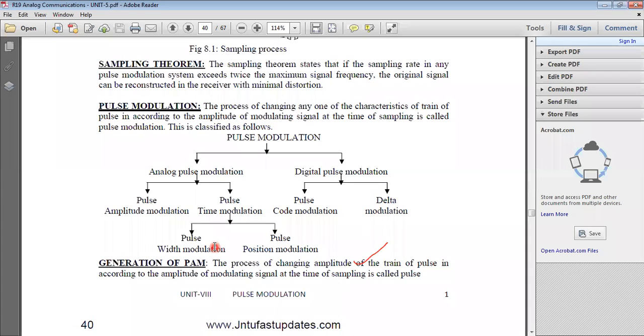One is pulse width modulation, PWM, and another one is pulse position modulation, which is PPM.